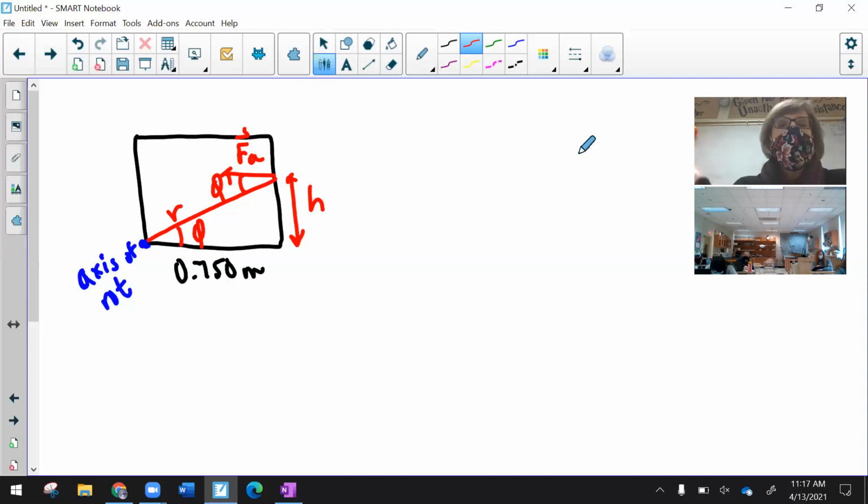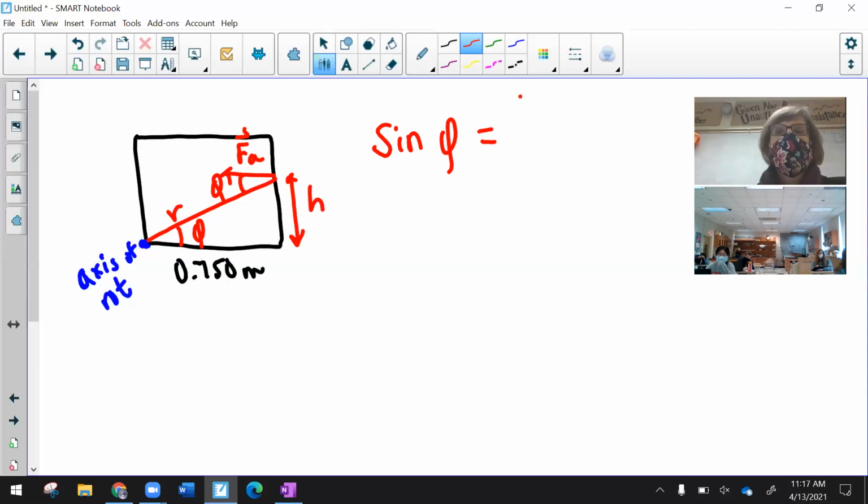Okay. And so the first thing I'm going to think about is, because of the formula for torque, I'm going to want to know what sine phi is. So in terms of my triangle, what's sine phi? h over r. Okay. Now, it's okay if it's in terms of h.